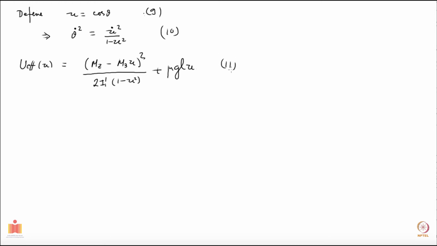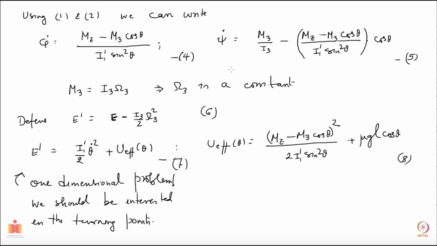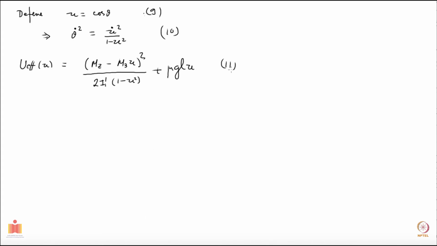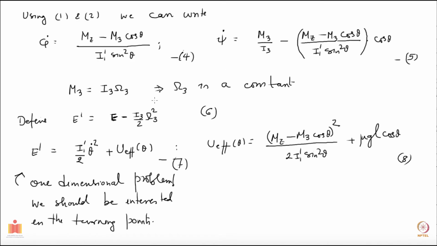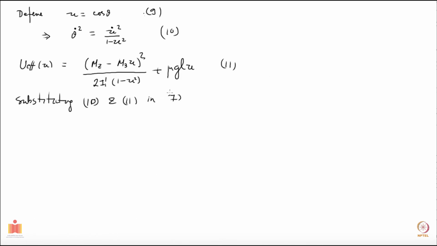So I'm going to put 10 and 11 into 7 and 8 into 7. Okay, so what do I get? Substituting 10 and 11 in 7, what do I get?